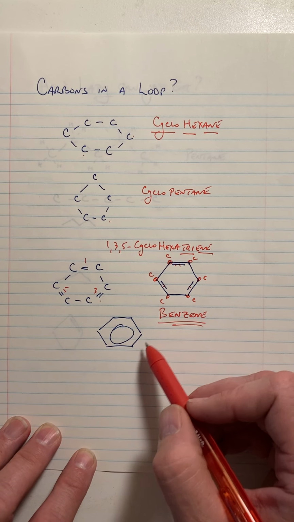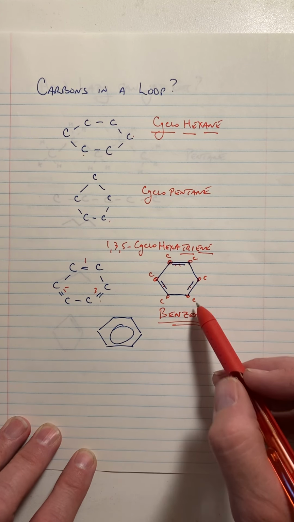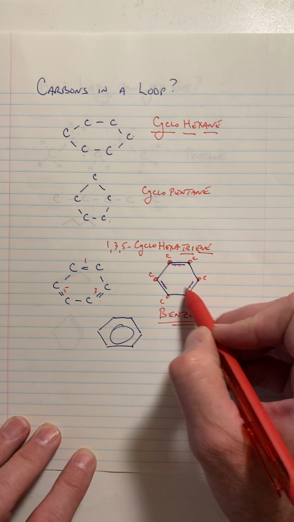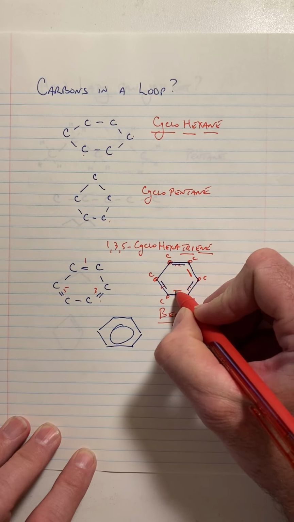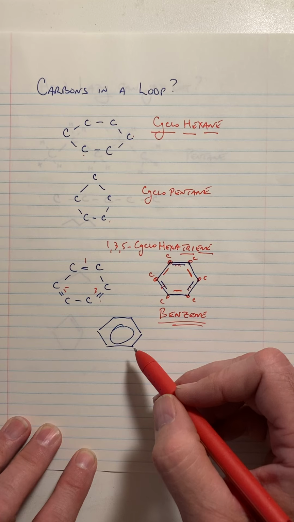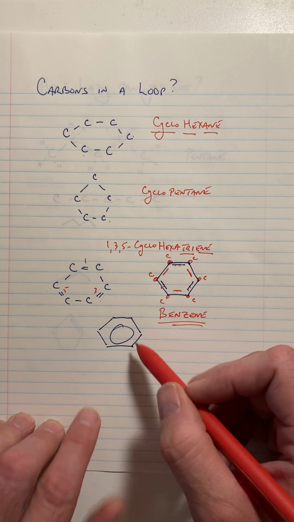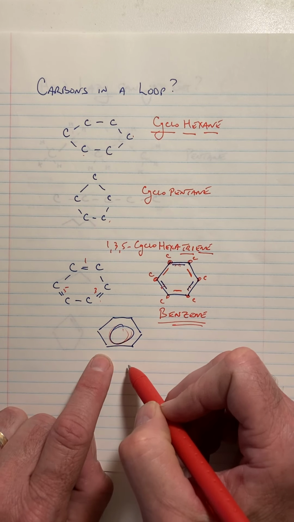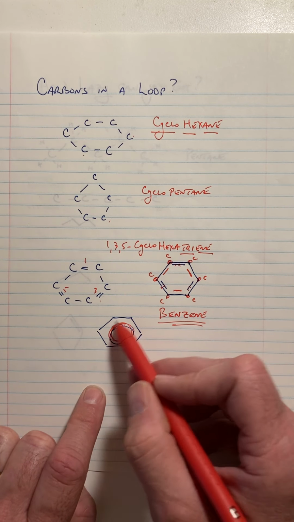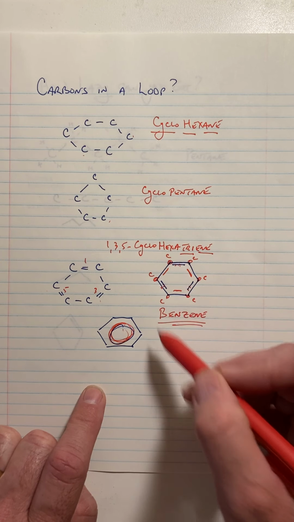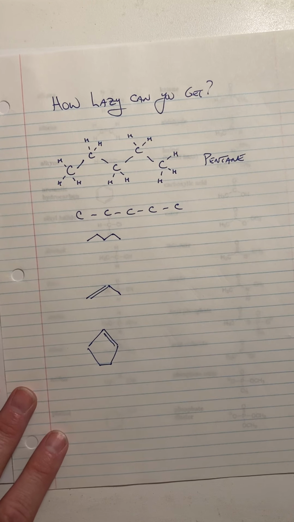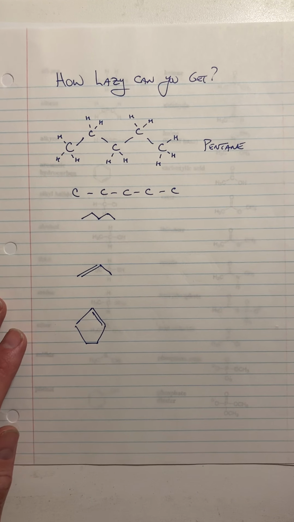Or because this happens so often in chemistry, instead of writing the individual bonds, because who's to say they occur here, here, and here, why couldn't they occur here, here, and here, which we'll talk about later. And we will call this thing an aromatic, and we'll get super lazy and just draw a circle that says there are double bonds in here and they're all over the place. How lazy can you get?